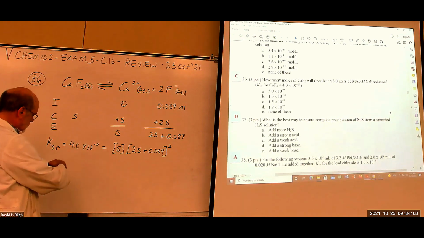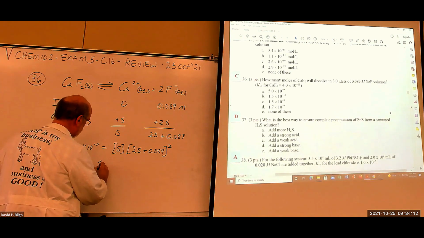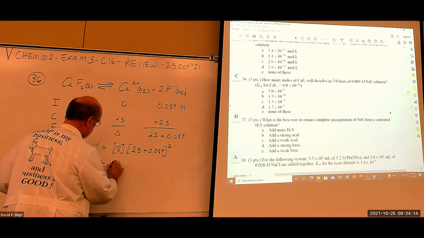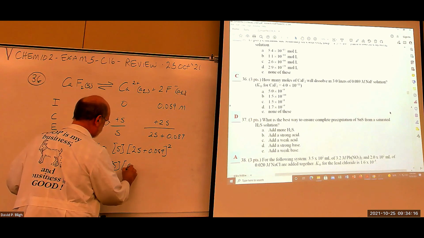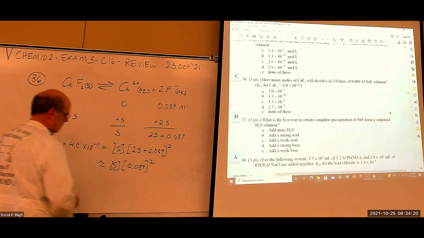So what we can do is we can say this is approximately equal to S. This is 0.089 squared.